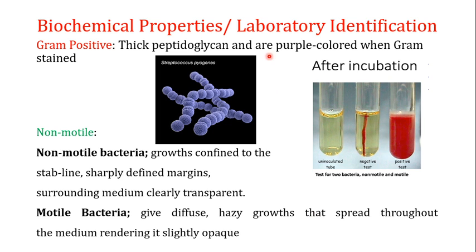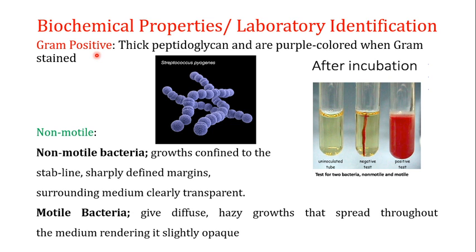If you talk about the biochemical properties or the laboratory identification, if there is a suspected individual of bacterial pharyngitis, how are you going to identify group A Streptococcus or Streptococcus pyogenes? So the first thing you have to do is go for the gram staining.